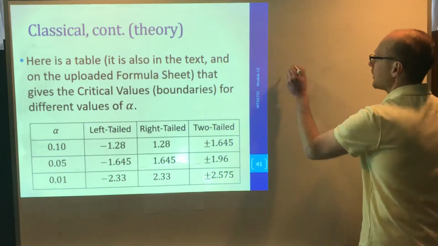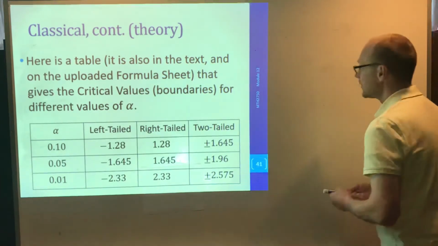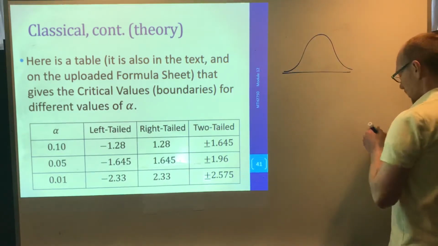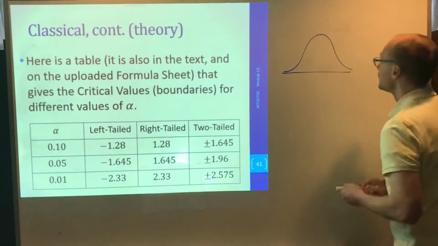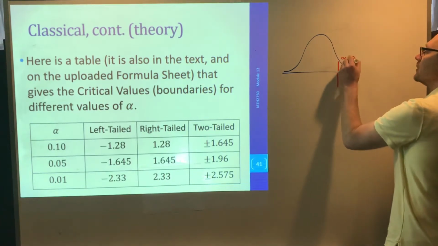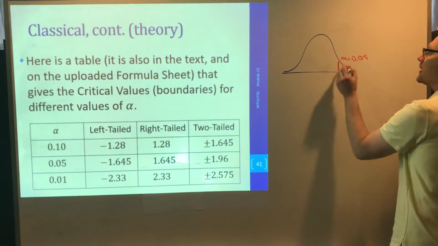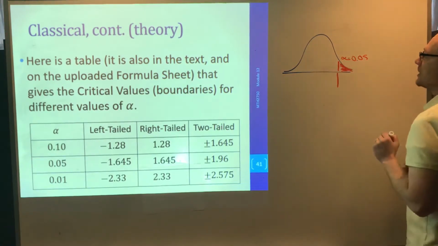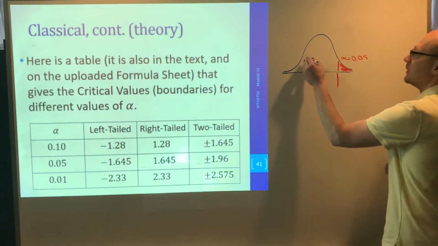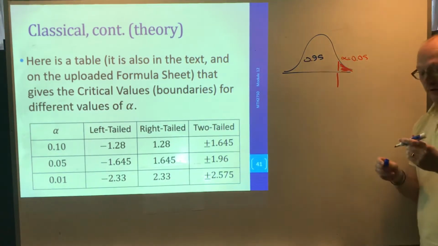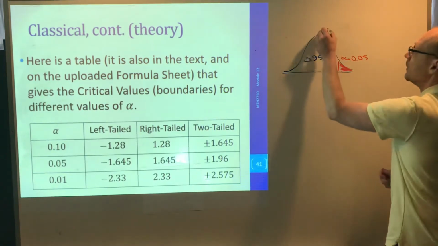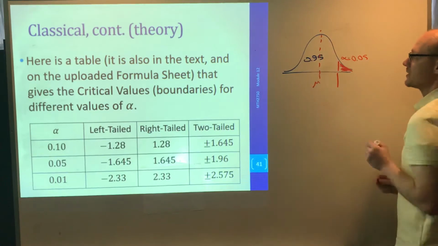And if I draw this out, what this is saying is, if this is an area of 0.05 and this is an area of 0.95 for a total area of 100%, then this right here is our mean.